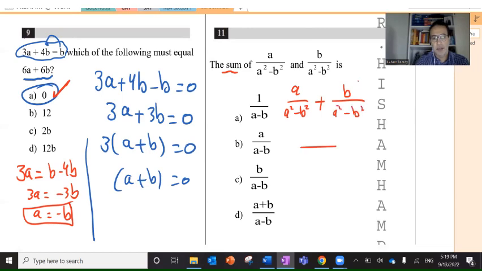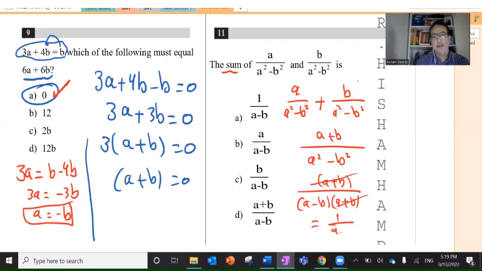I have the same denominator, so a squared minus b squared, and the numerator is a plus b. The denominator is highest common factor, so it's a minus b multiplied by a plus b, and above a plus b. If I cancel a plus b, the numerator will be 1, and the denominator is a minus b. So the right answer is A.